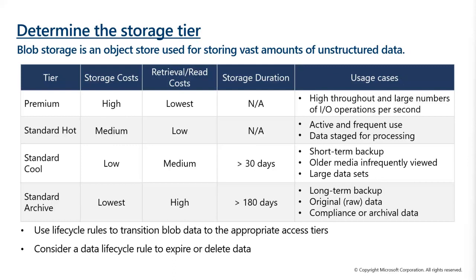And then we have the archive mode. The archive mode, my friends, is the cheapest per gigabyte, but the most expensive per retrieval transaction. Something pretty important in here. If you go for archive, your information will be dehydrated. That's the term. It means that your information won't be online.